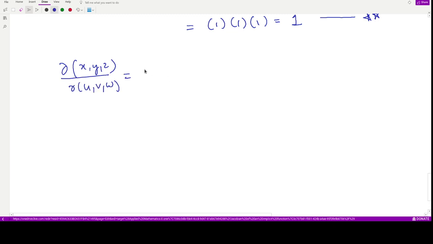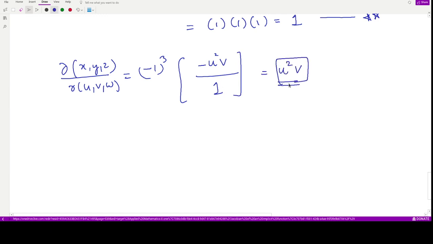That would be equal to minus 1 raised to power 3, the value of triple star, that is minus u square v, divided by the value of double star, that is equal to 1. So we have the value as u square v, and this is what we are required to prove.